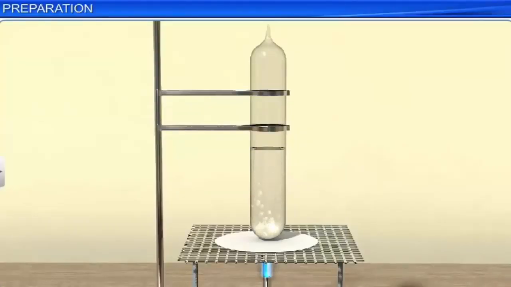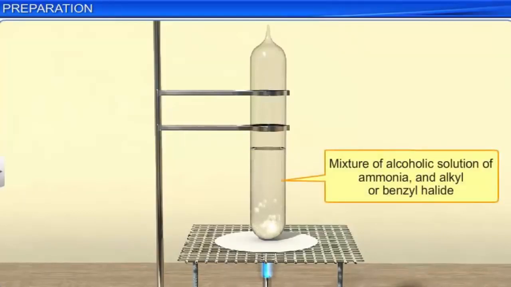In this reaction, amines are produced when a mixture of an alcoholic solution of ammonia and alkyl or benzyl halide is heated in a sealed tube at 373 Kelvin.